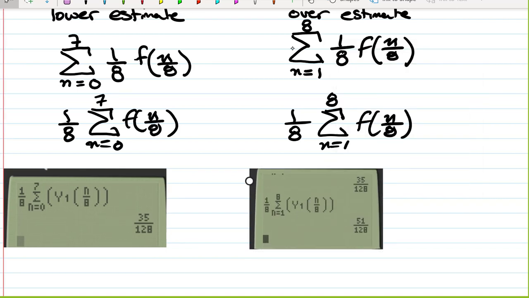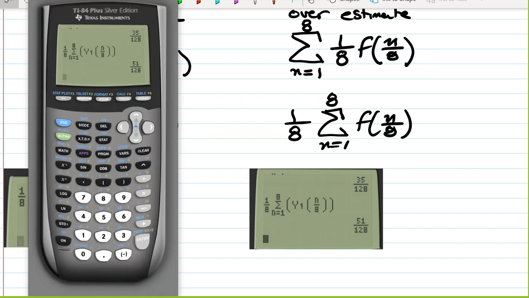So if we wanted a better approximation, we could add those two things together, plus 35 over 128, and then divide that by 2, and we would get 43 over 128 as an approximation of that area.